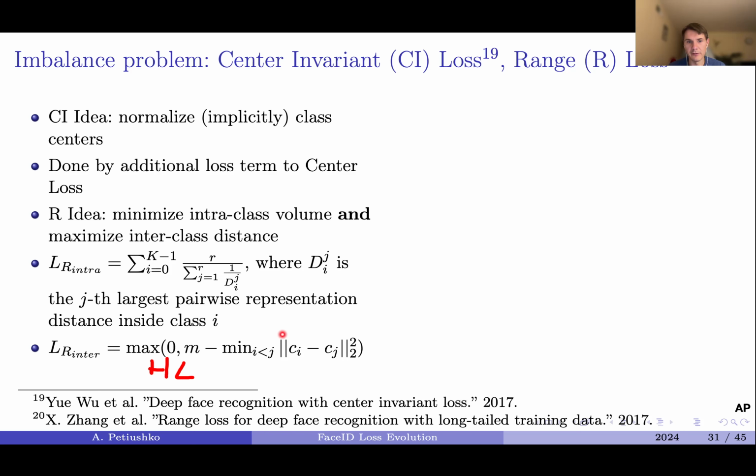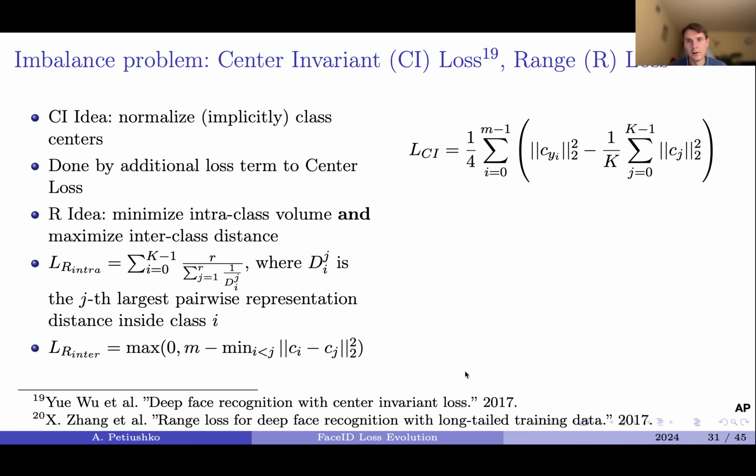So we would like for this, for example, let it be this square of the norm of difference of cluster should be... and this is the loss for this how to implicitly normalize the class centers.